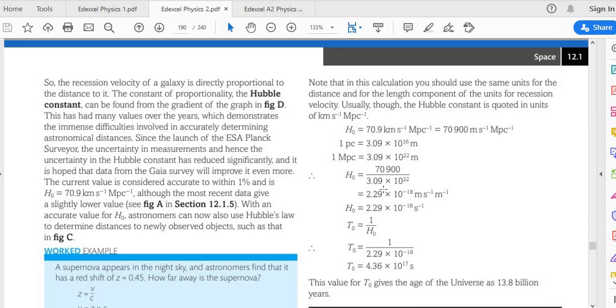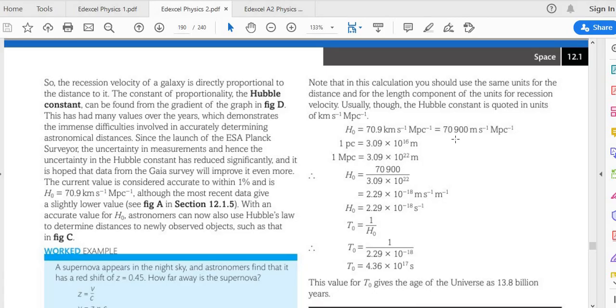Then H0 is equal to 70,900 meters per second per megaparsec. So 70,900 meters per second, the whole thing divided by 1 megaparsec. 1 megaparsec is this much.